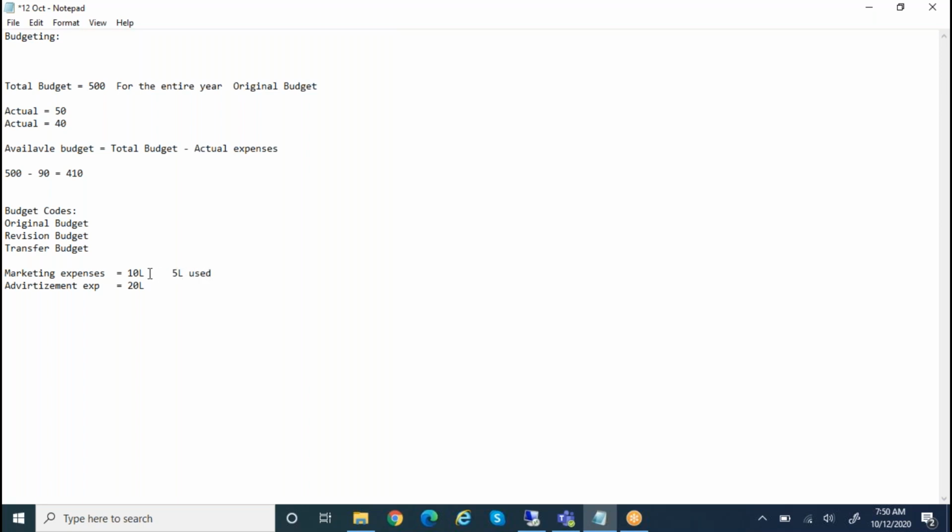Now I want to move 3 lakhs from here to here. So I will decrease this by 3 lakhs and increase 3 lakhs here, because for advertisement I need some more. So I am making it 7 lakhs here, and increasing the advertisement to 23 lakhs.